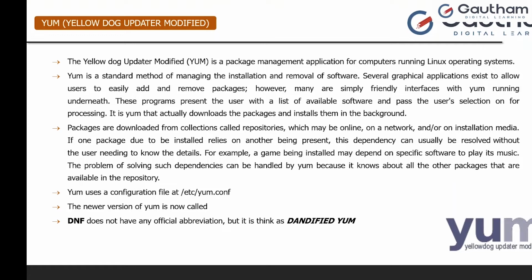Like in Windows, if you want to install Microsoft Office, it requires the .NET Framework to be installed first. If the .NET Framework is not pre-installed, then Office is not going to get installed. So the framework becomes a dependency for Office.